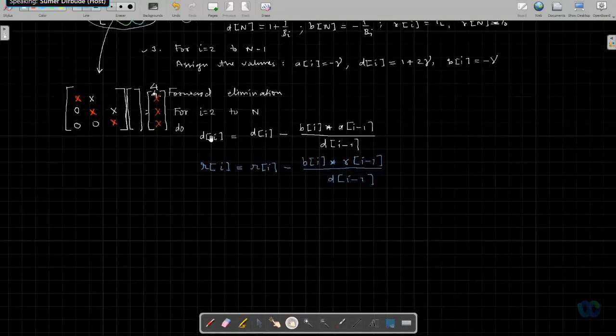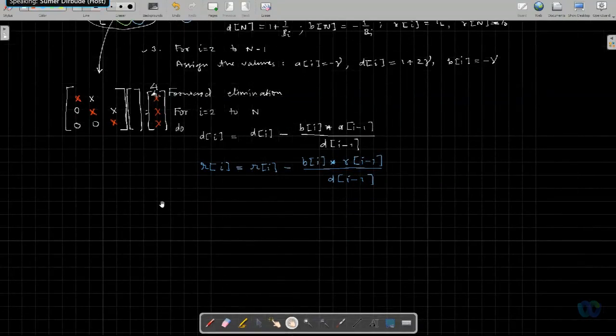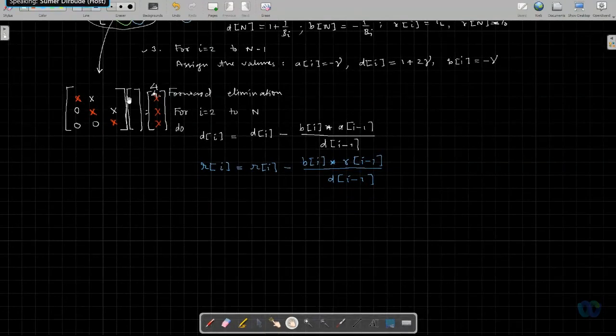So you get all di's and the new values of the Ri's. Once you get these new values, you have the needed form. Suppose this is the xn variable.